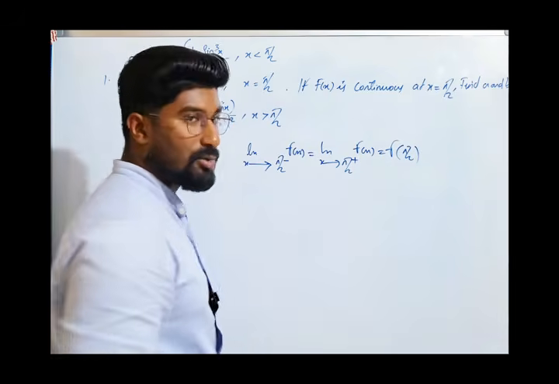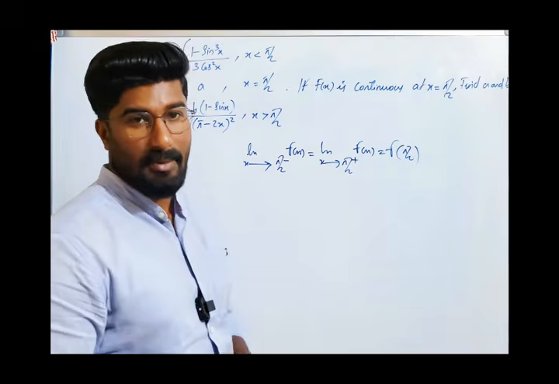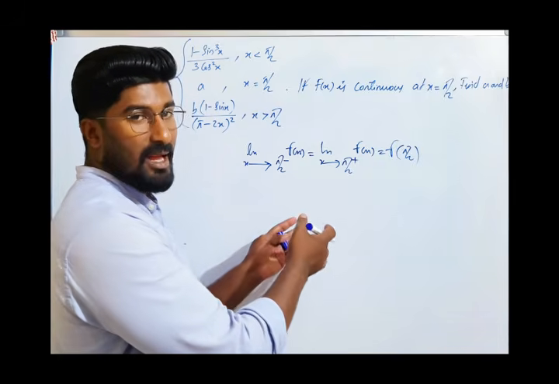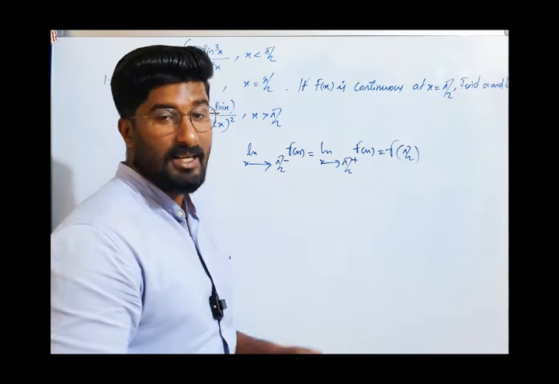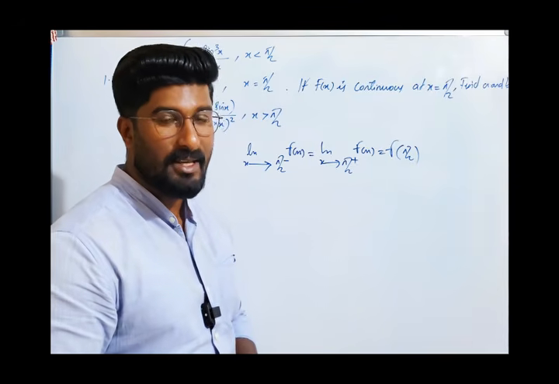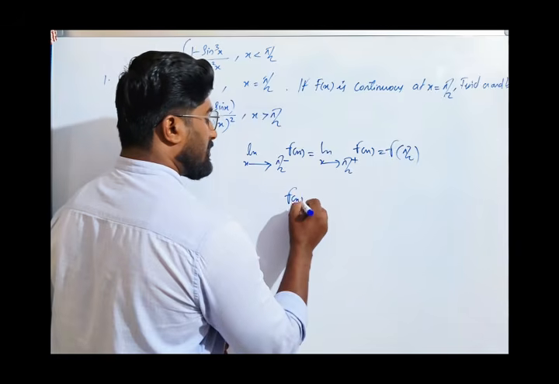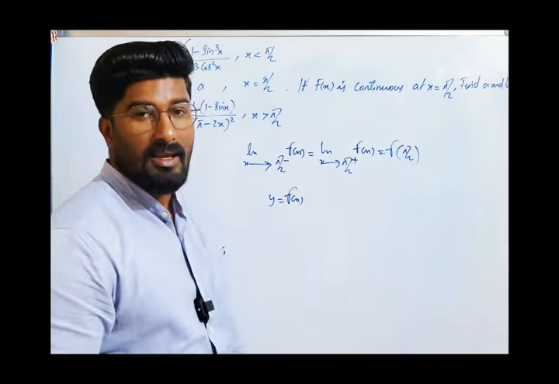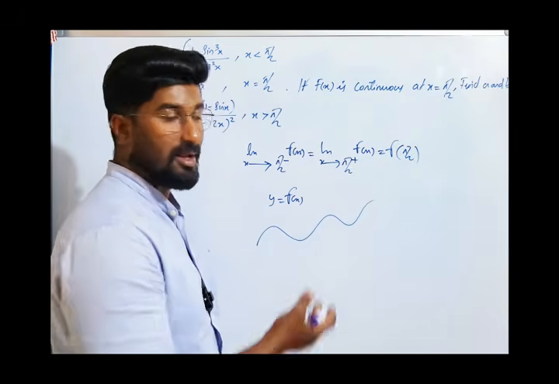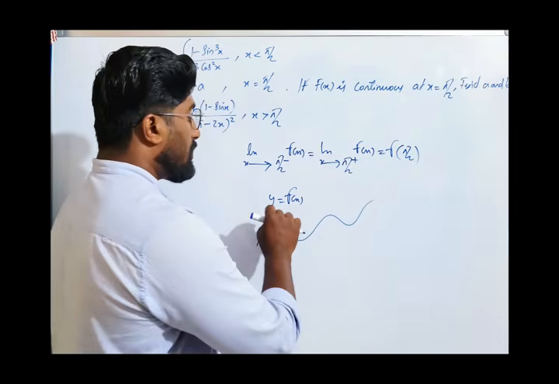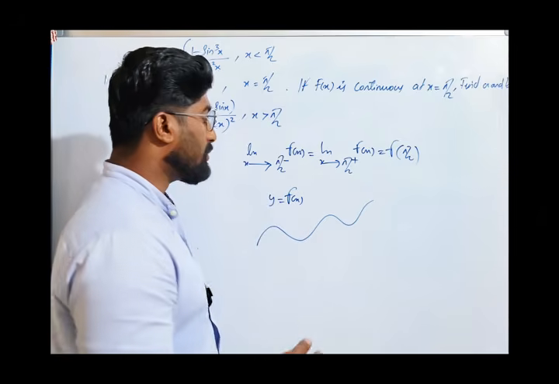So what is f of pi by 2? F of pi by 2 is called the value of the function. If these three things are the same, that means the limit of the function and the value of the function are equal, you can say that the function is continuous. Or more easily, suppose I am getting a function y equal to f of x. When you apply distinct values of the domain instead of x, you will get a range.